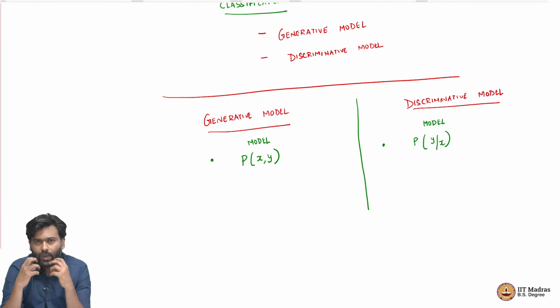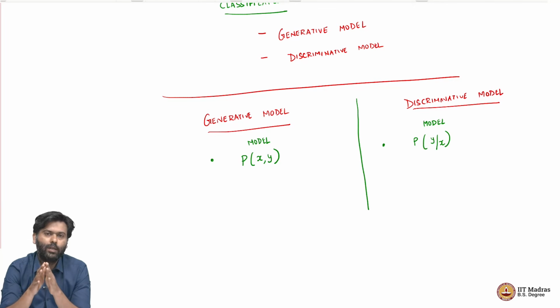To acquire this ability to discriminate between Bengali and non-Bengali sentences, you do not necessarily need to know how Bengali sentences themselves are generated, right? So, you do not need to know how to write or read Bengali, to generate Bengali sentences, to just discriminate whether a sentence is in Bengali or not.